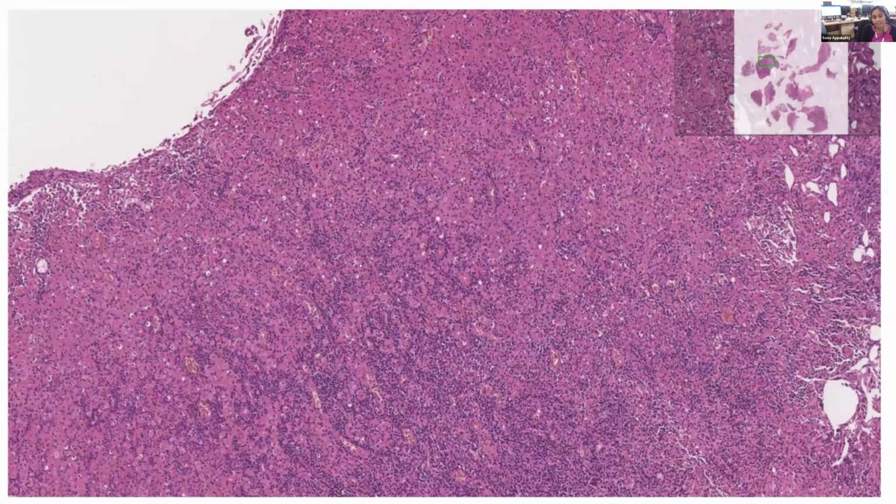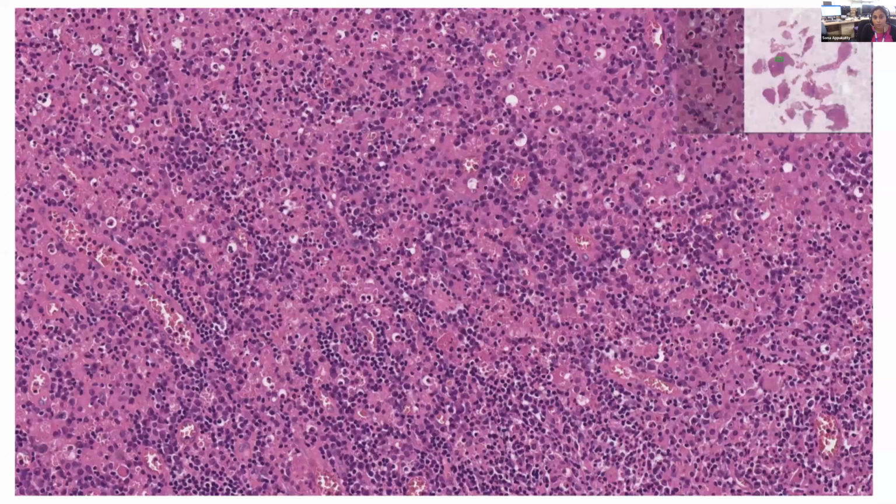Going closer to the lesional areas, we have sheets of macrophages and some inflammatory infiltrate. Closer view on that, we can see that macrophages have bland nuclei and eosinophilic cytoplasm. We also have a lot of plasma cells. The plasma cells look normal with perinuclear halo.